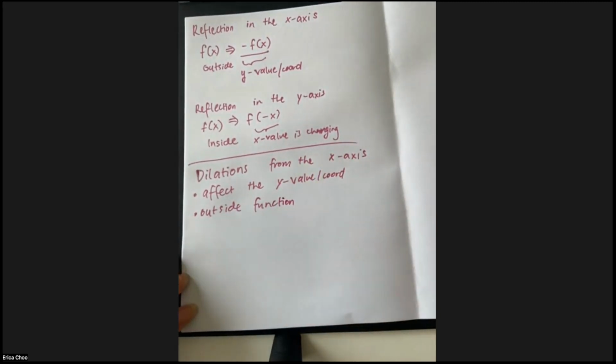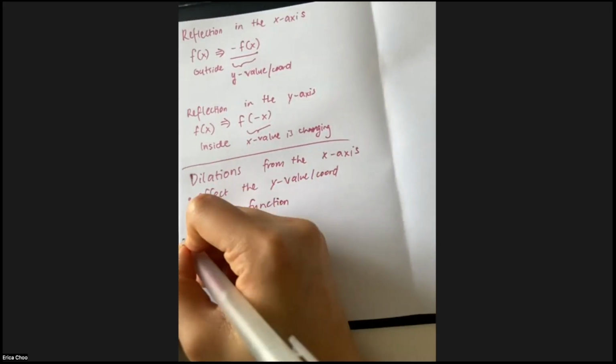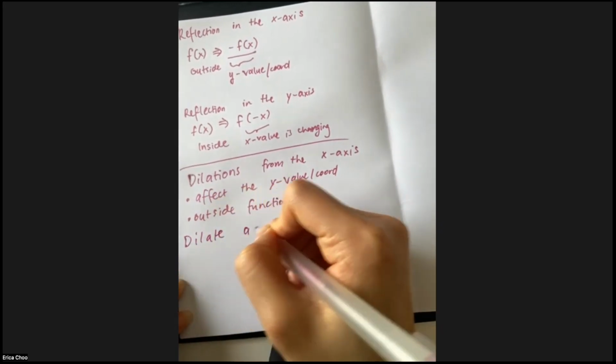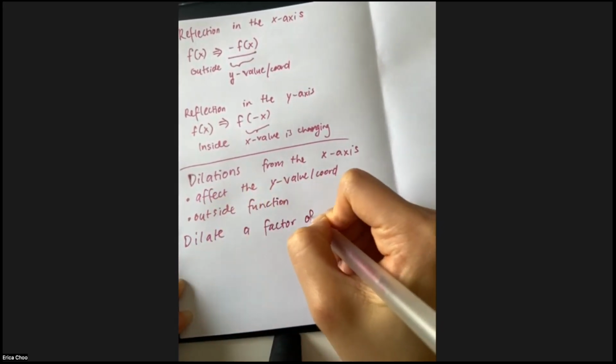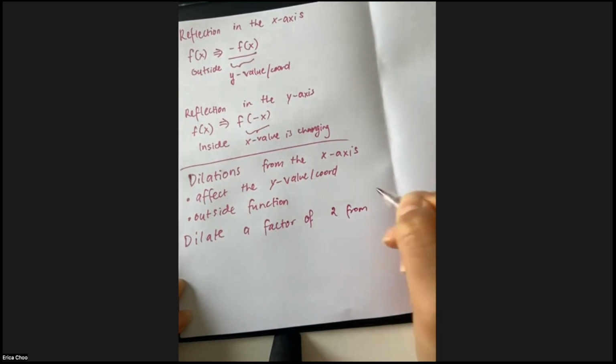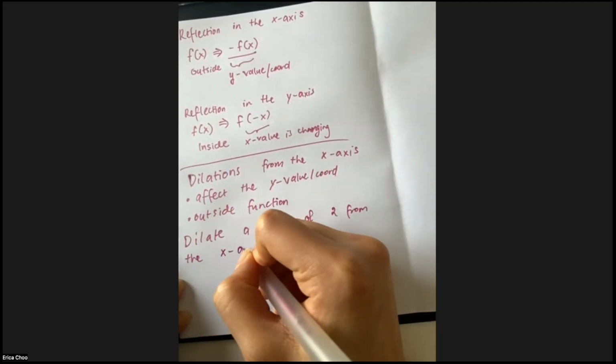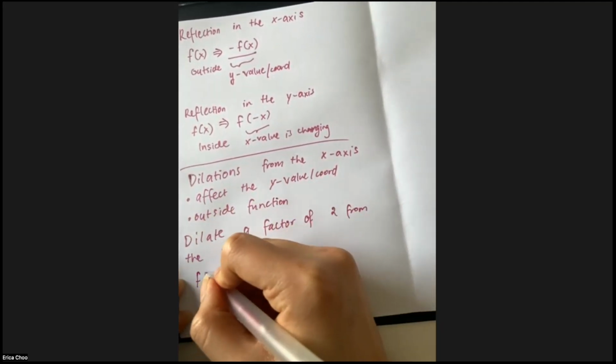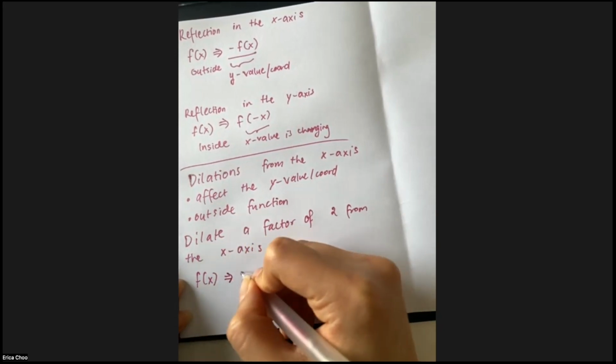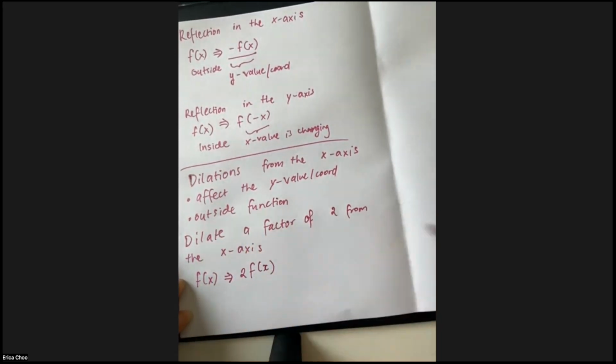So, for instance, if I have something like dilate a factor of 2 from the x-axis, what I get is f of x becomes 2f of x.